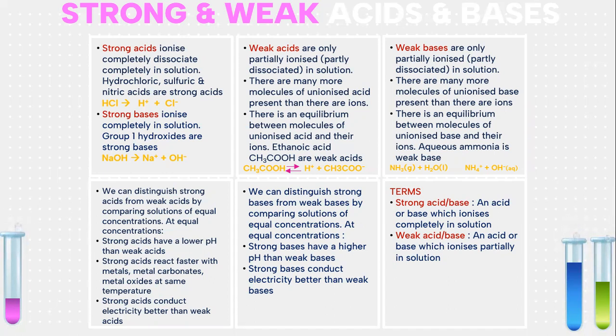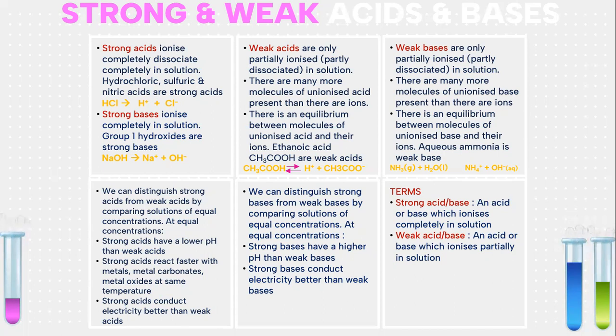We can distinguish strong acid from weak acid by comparing solutions of equal concentration. At equal concentration, strong acids have a lower pH than weak acids. Strong acids react faster with metals, metal carbonates, and metal oxides at the same temperature. Strong acids also conduct electricity better than weak acids.